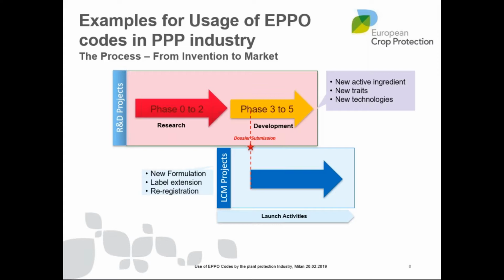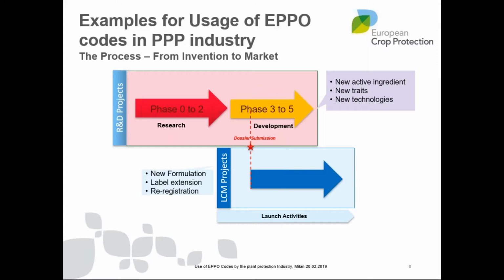And then when it comes to the end of that research phase, you should have one final candidate and a vision of your product, which is called business case. And then it goes into development. Development phase means many trials are being done in countries and regions to really find out what kind of products could be placed into the markets everywhere.